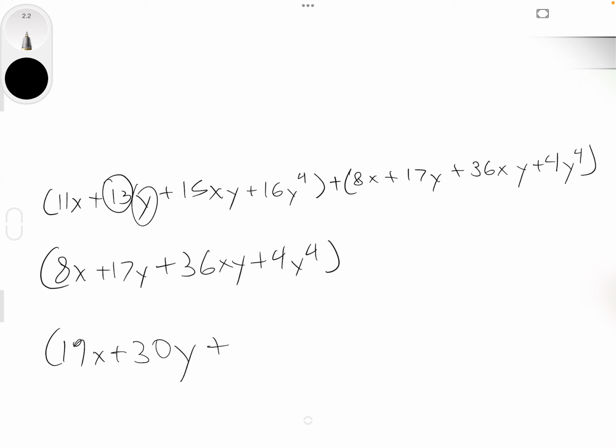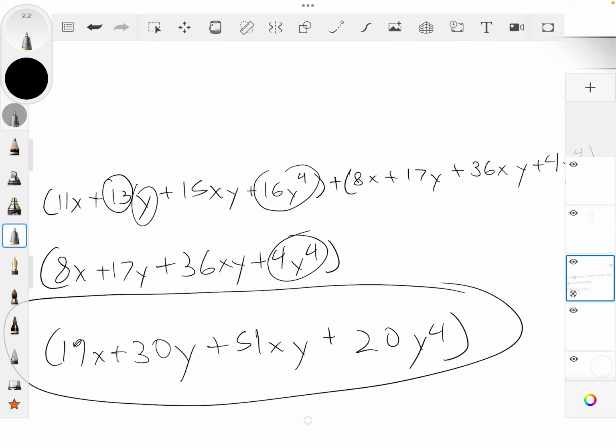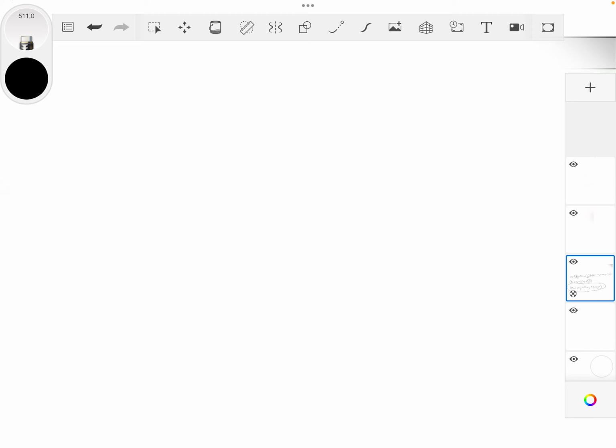And then we'll add 15xy plus 36xy, which will equal 51xy. And then these two will just be 20y to the fourth. Alright, so this is our answer for this one. This is a pretty moderate polynomial equation.